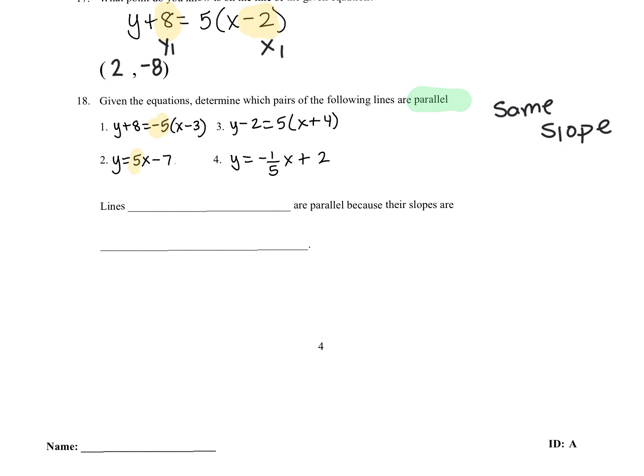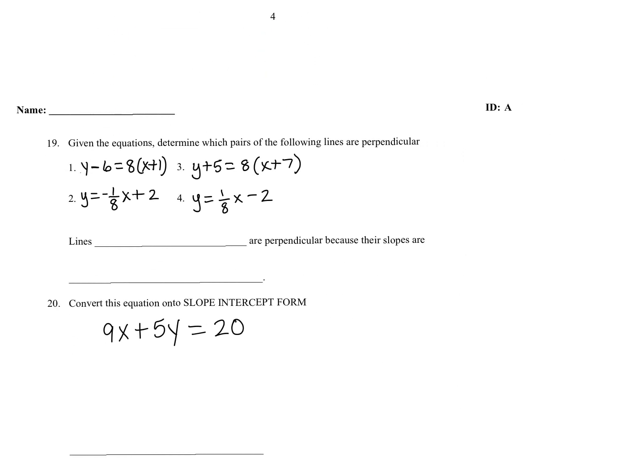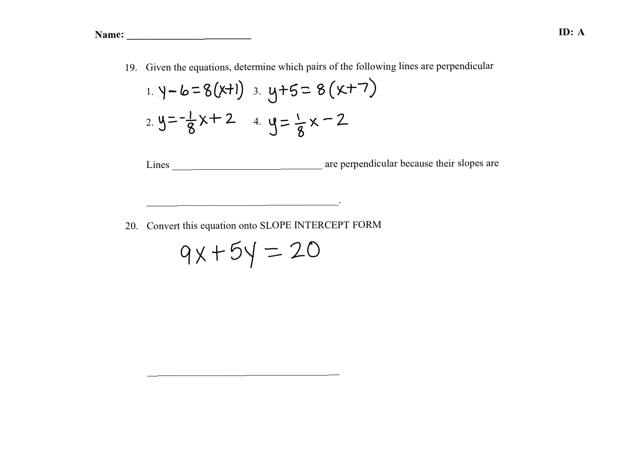On number 3, that's point slope form again. The slope is +5. And number 4, that's in slope-intercept form, and the slope is -1/5. Are any of those equations giving you the same slope? 2 and 3, lines 2 and 3 are parallel because their slopes are the same. Now, all I need is the same, but what are they both? They're both 5, right?